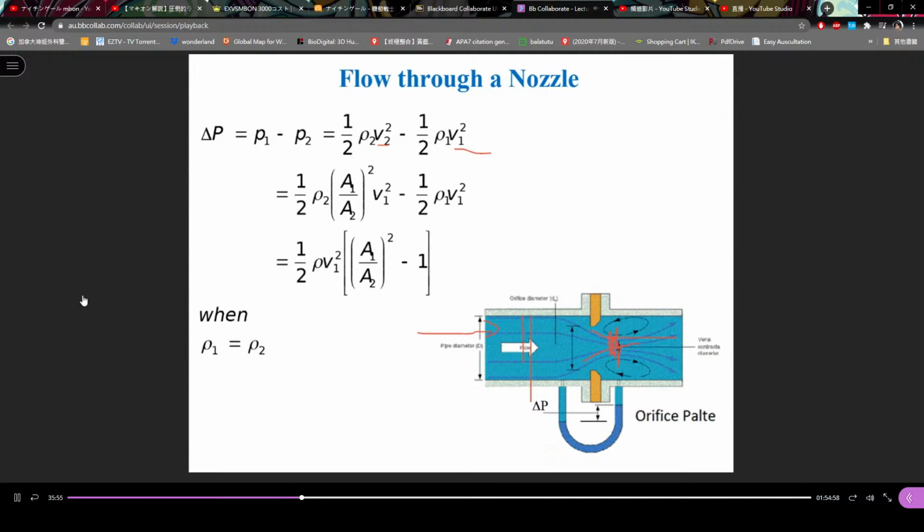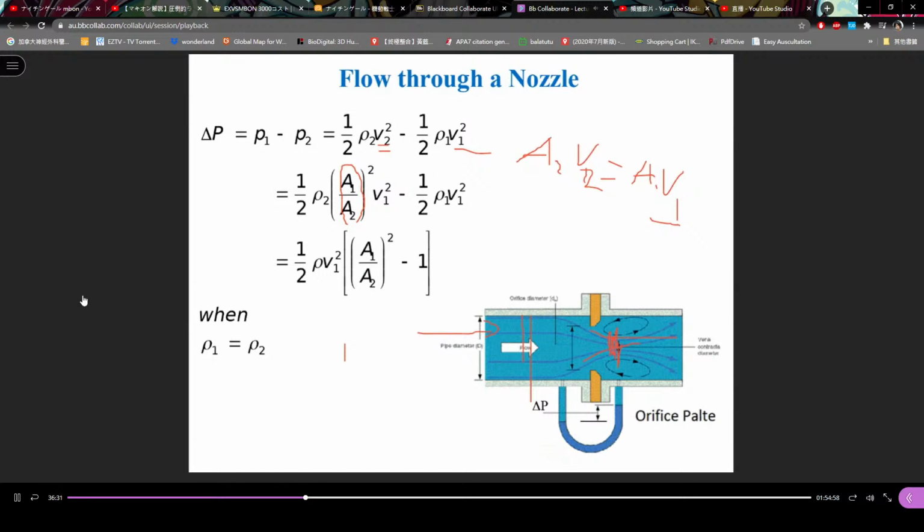How to replace it? Because A2 V2 must be equal to A1 times V1. So we can use this to replace V2 by V1. That's why we have the ratio of the two areas, cross-section area. The two cross-section areas can also be represented by what?